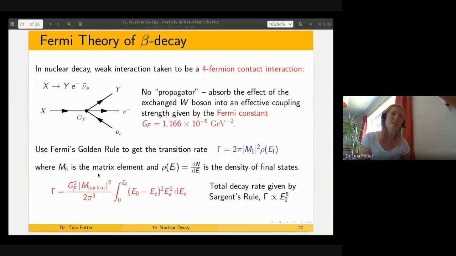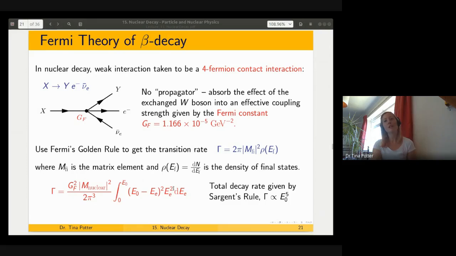That's the bit that contains those two free particles, the electron and the neutrino, but also the wave functions of our proton and neutron, which are quite complex. And then from the density of final states, we have an integration of the energy released minus the electron energy, all squared, times the electron energy squared, integrated over all energies that the electron can take. That can only go from zero kinetic energy to all of the energy released, so it can only go from 0 to E0.